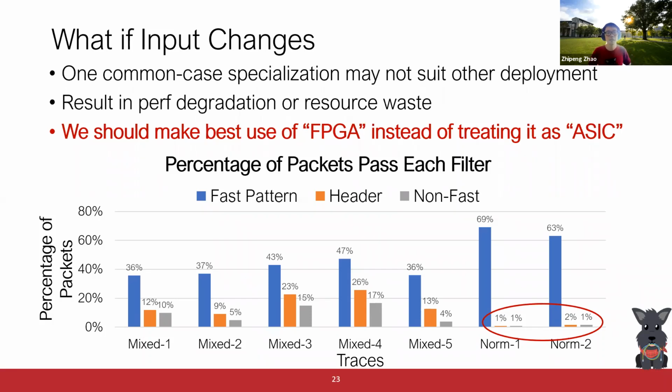But for a long time, FPGA development has been following a static mindset, where FPGA is treated as an ASIC. Once the design is deployed, it never changes. What we argue here is that for input-dependent applications, we should make the best use of FPGA programmability in order to adapt to different scenarios while retaining the high efficiency through specialization.